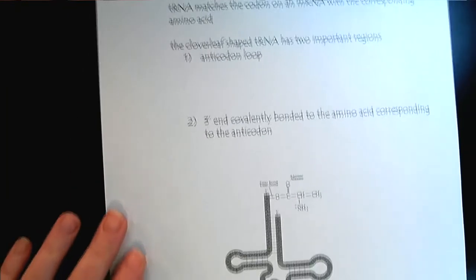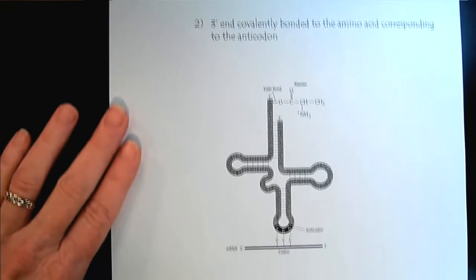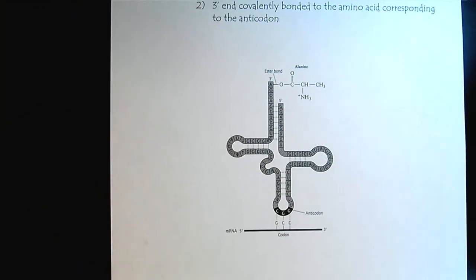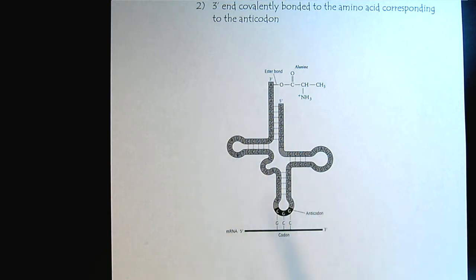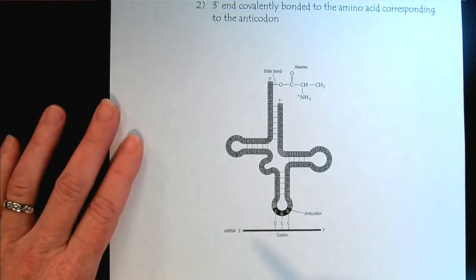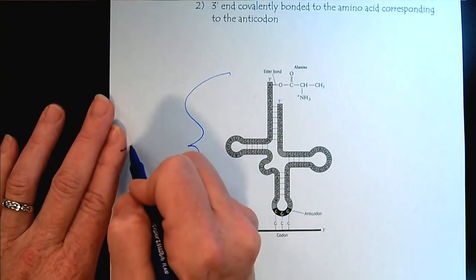Here's our diagram down at the bottom, and we'll have another diagram on the next page. So codon, think about the messenger RNA, and we'll always be thinking in terms of 3 nucleotides at a time. This cloverleaf structure represents the transfer RNA.